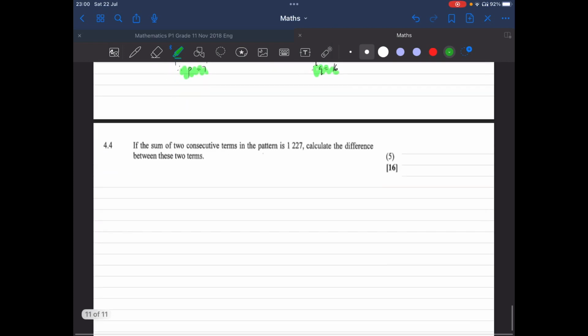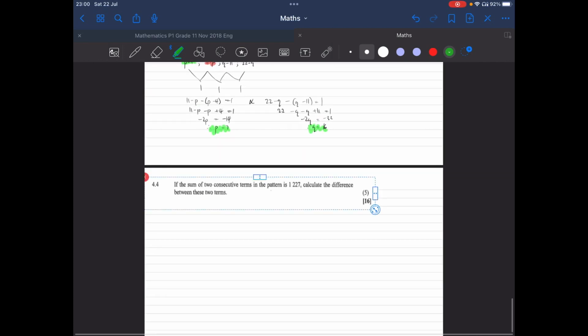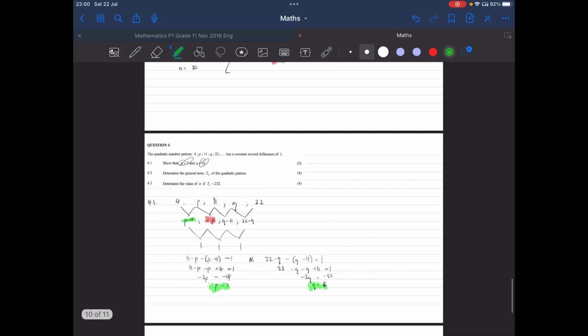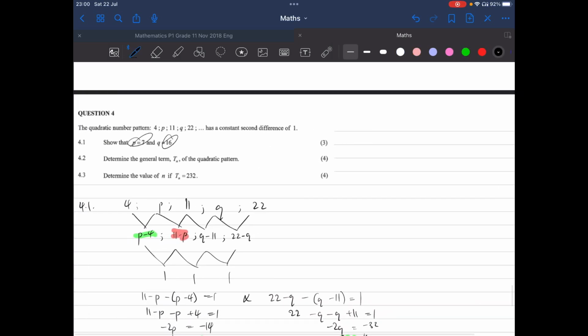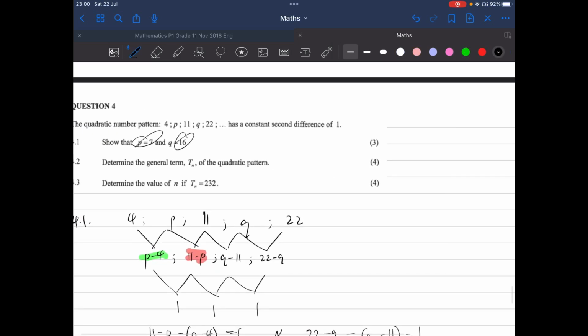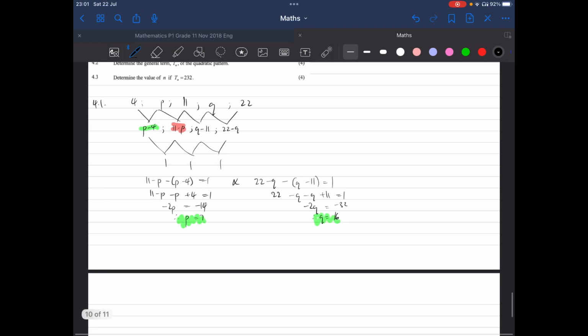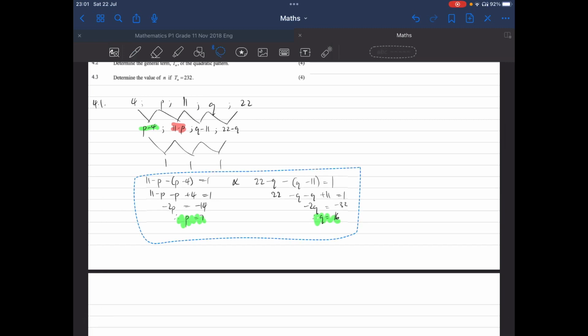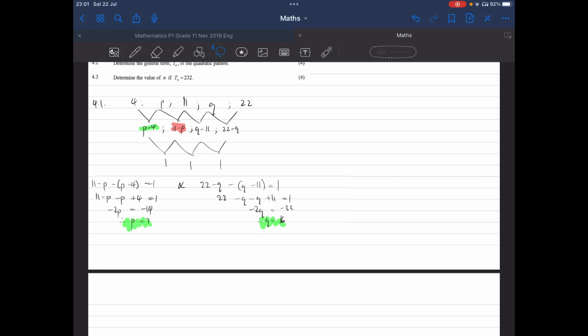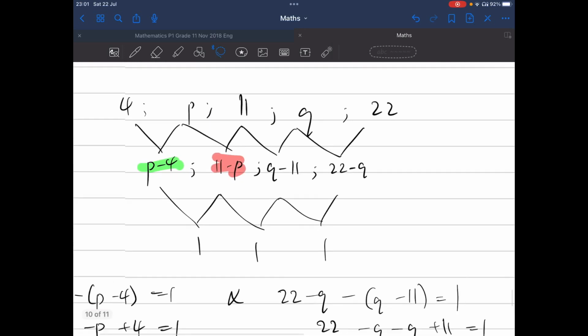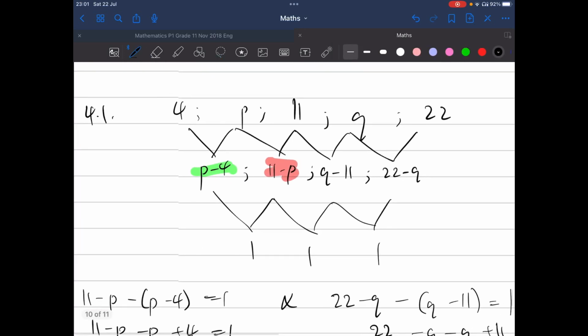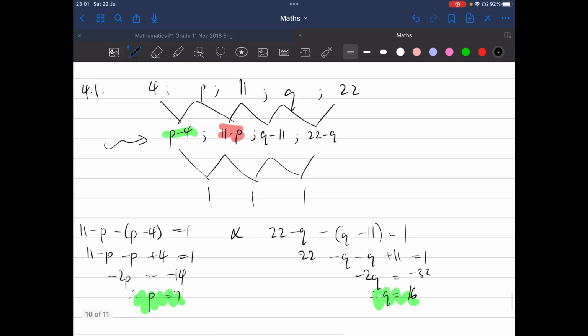Let's now look at 4.2. So 4.2 says determine the general term of the quadratic pattern. I'm just going to shift this over a bit and edit this so that we get actual numbers in here. In place of p, I'm going to say 7. So 7 minus 4 is 3.